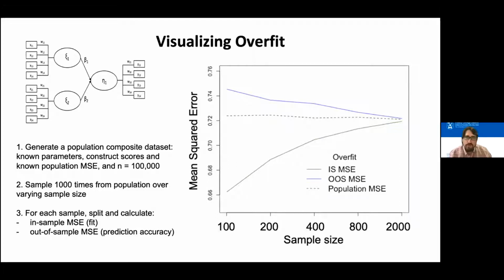So what I hope to show you with this visualization is that even for an incredibly simple model and relatively sizable samples, there's a dramatic overfit that we're seeing in the composite-based PLS estimation method. So hopefully this gives you some idea that, even beyond other considerations, there is some inherent overfit in a PLS model.